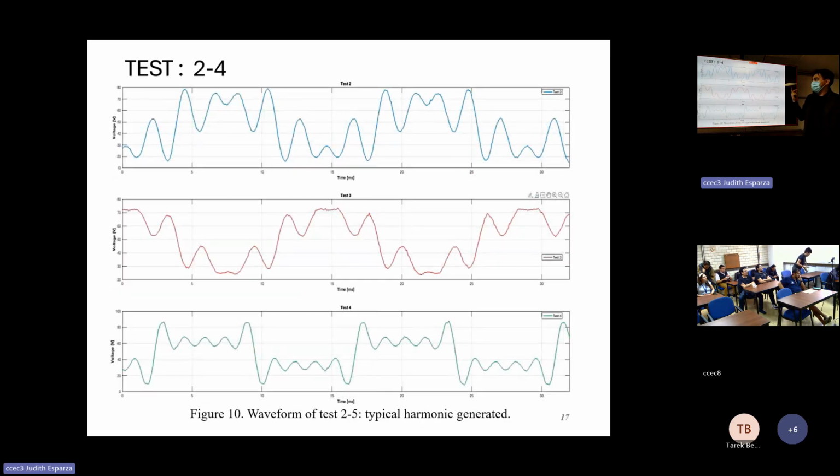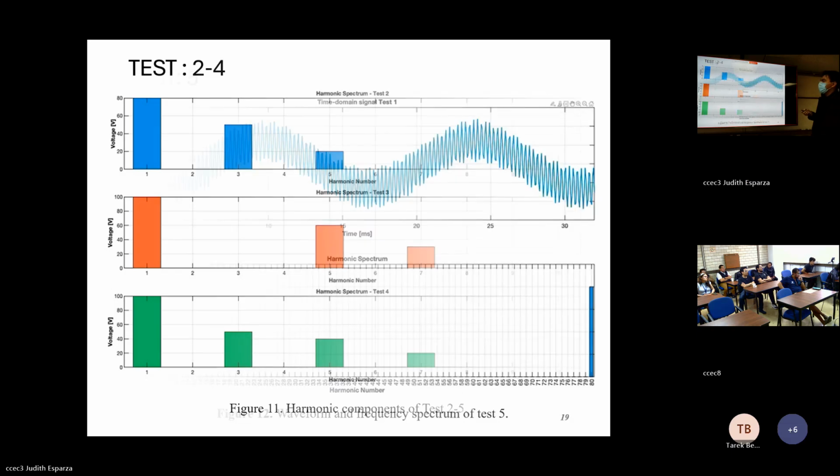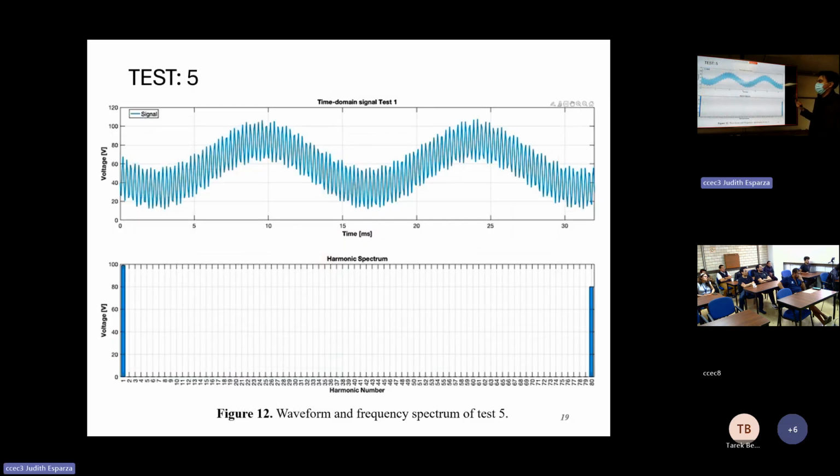These are my test 2, test 3, and test 4 in time, and test 2 and test 4 in the spectrum. And my final test is special because I have harmonics and superharmonics.